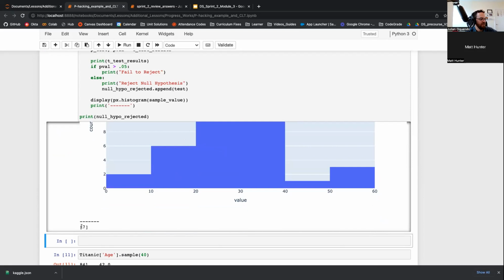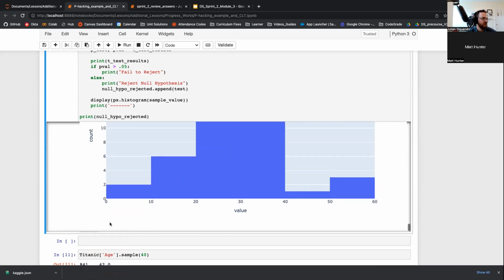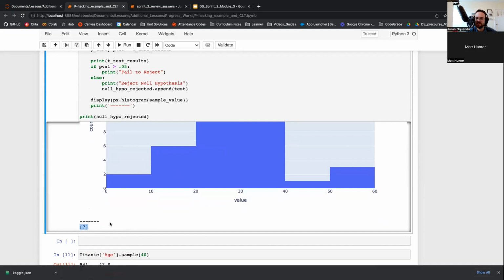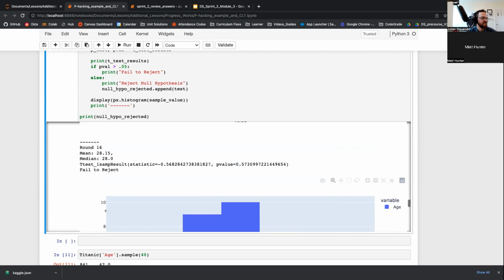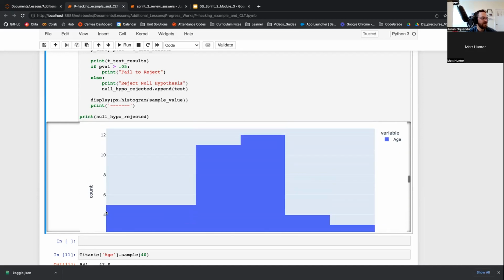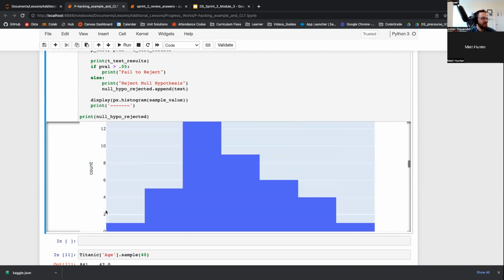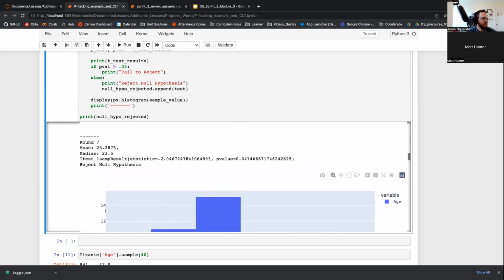So note, if I run this code again, it tells me I ran 20 tests. Out of those 20 tests, most of the time, I get one result that says you reject the null hypothesis. But given the fact that this was a 1 in 20 chance, let's take a look at our 1 in 20.